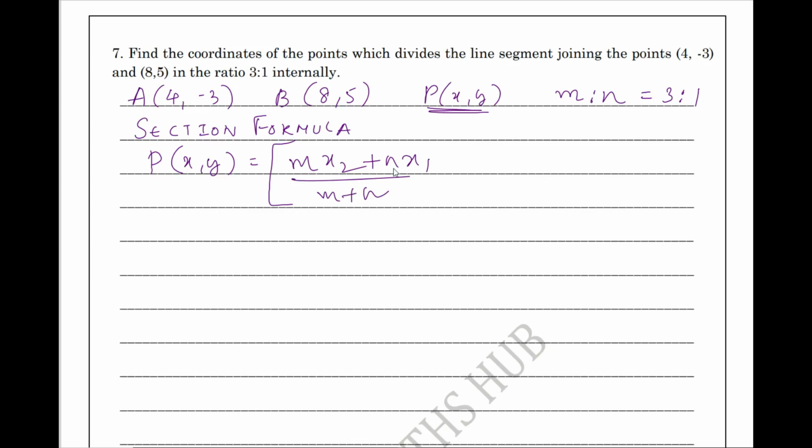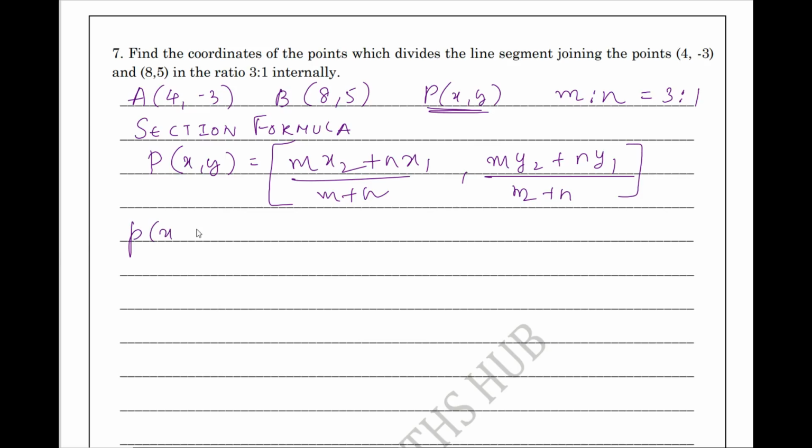Students, you can use the formula (m1 x2 plus m2 x1) divided by (m1 plus m2). It is the same as this, instead of m2 I have used n. Comma, (my2 plus ny1) divided by (m plus n).